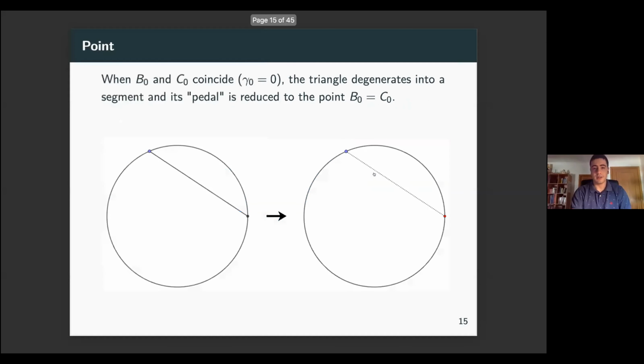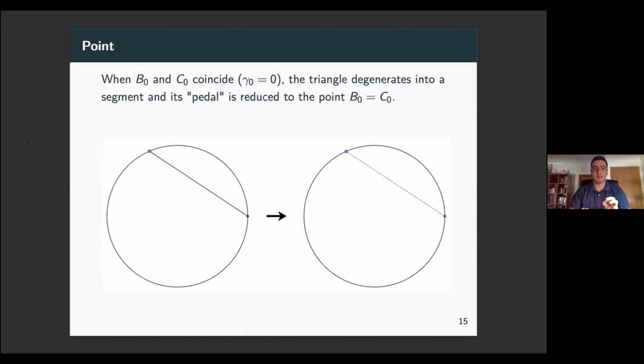All right, most of the curves are pretty complicated, but there are some very simple ones which we can explore. First of all we have the point. This happens when the two fixed points are in the same location, so we don't get a triangle, we always get a segment.